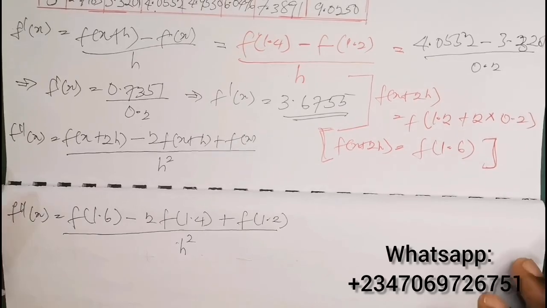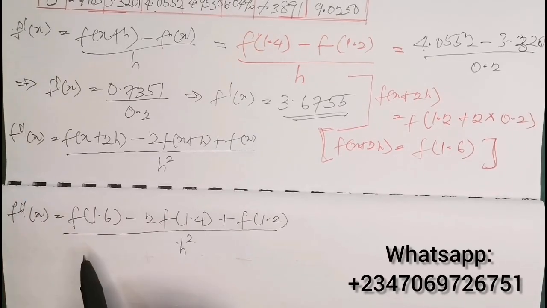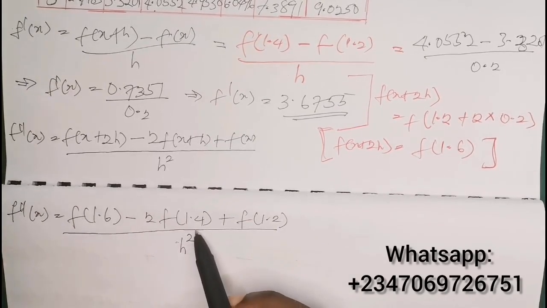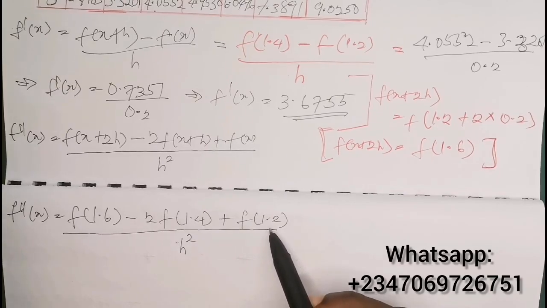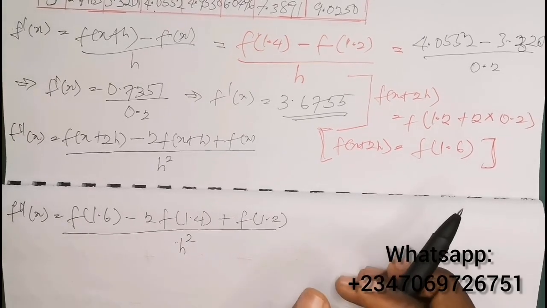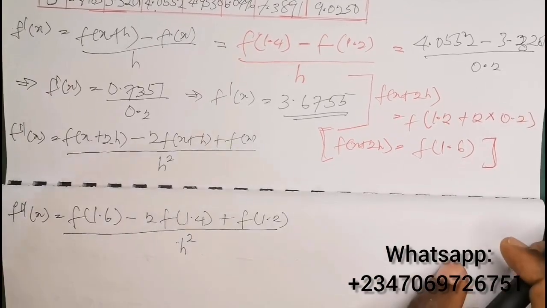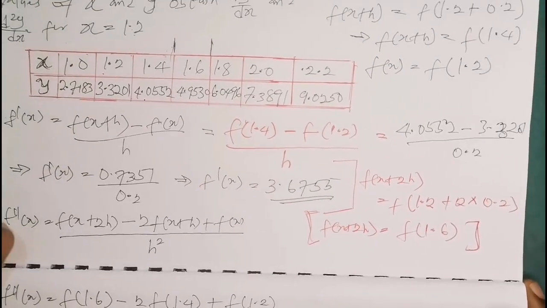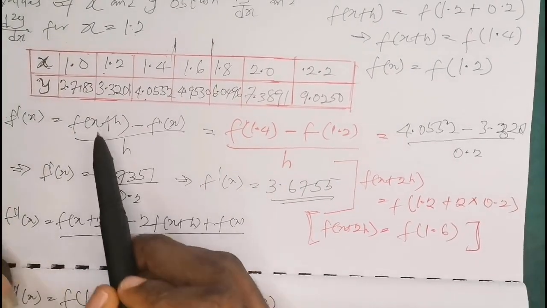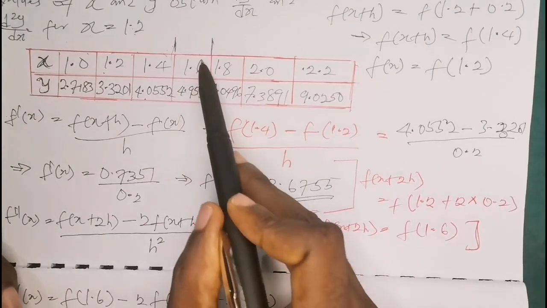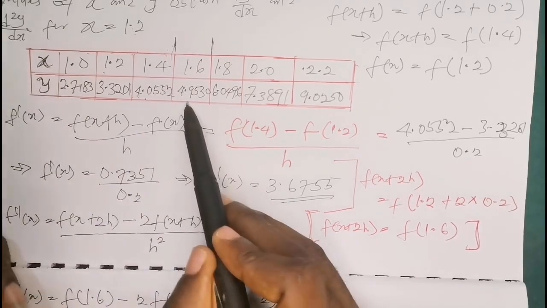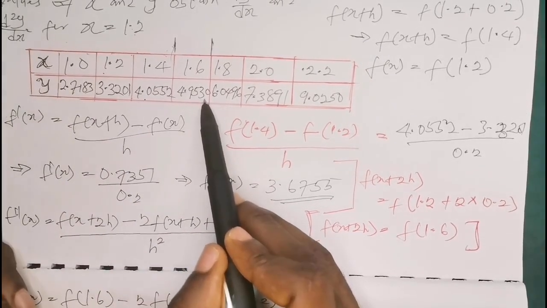Okay, so once more, we fall back now to the table. We need to find f of 1.6. We know what f of 1.4 is, and we know what f of 1.2 is. Now let's find f of 1.6 from the table. Now when x is 1.6, we have the value of f of x, which is the same thing as y, to be 4.9530.